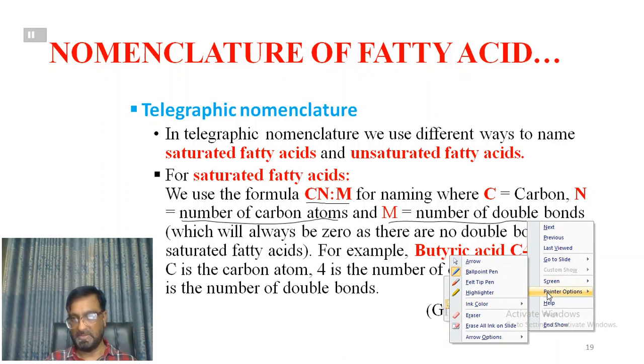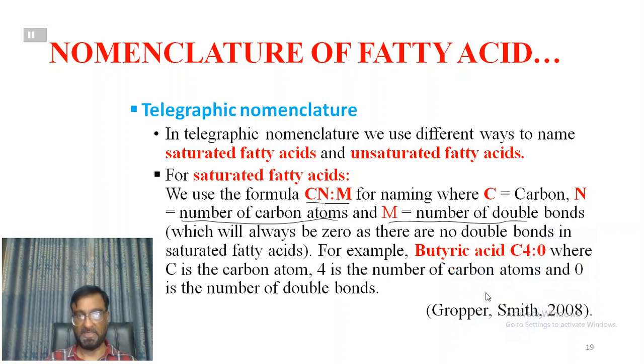So the different nomenclature that is being used for that purpose. For example, butyric acid, we write it as C4:0. It means that it contains 4 carbon atoms and 0 double bonds.